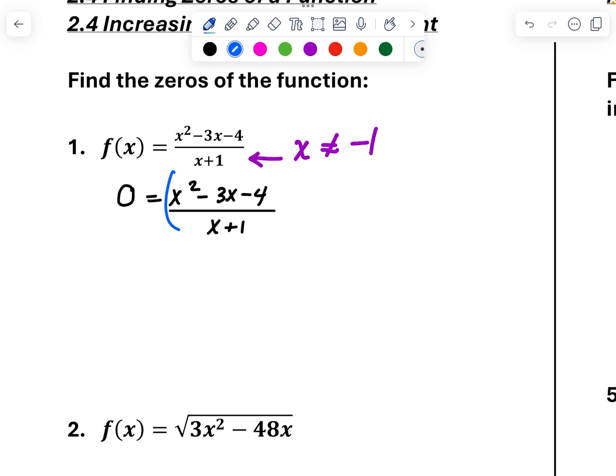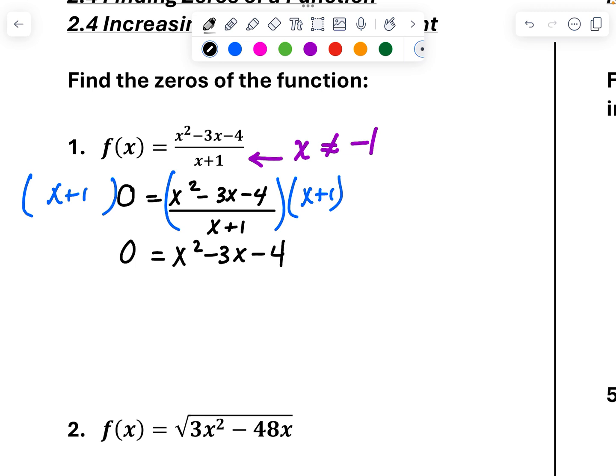Then if I multiply the right side by x plus 1 and I multiply the left side by x plus 1, I still have 0 equals x squared minus 3x minus 4.